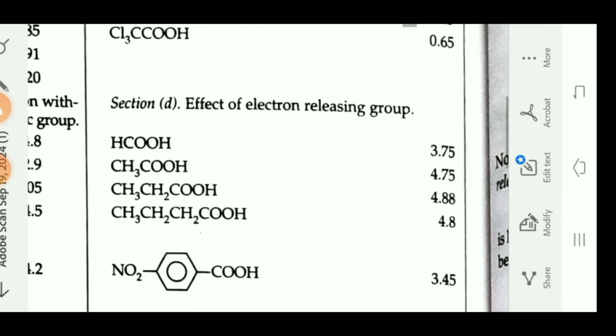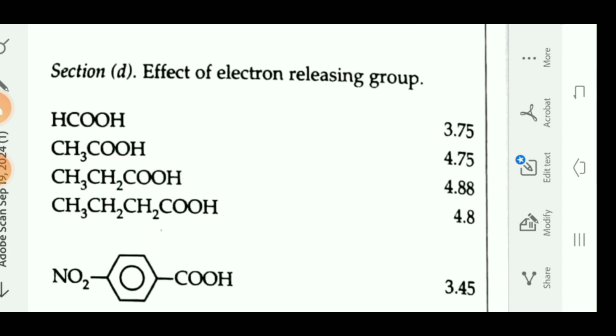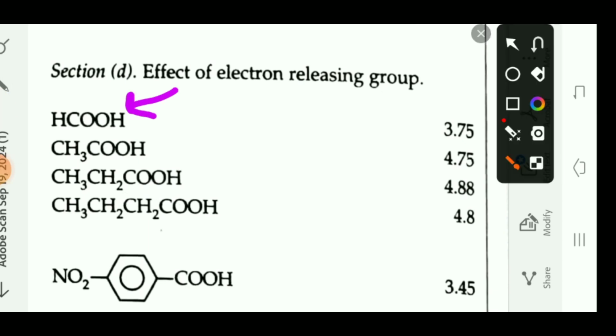Similarly, when you have electron releasing groups, for formic acid the pKa will be 3.75, and for acetic acid, where you have CH3 group as an electron donating group, its pKa value would increase and hence acidity would decrease.